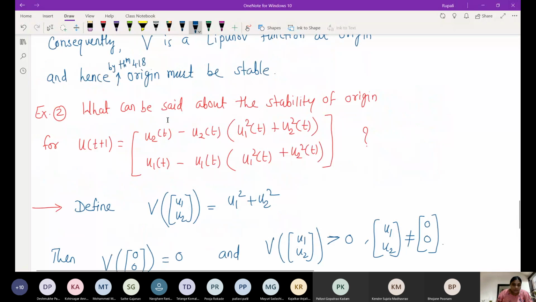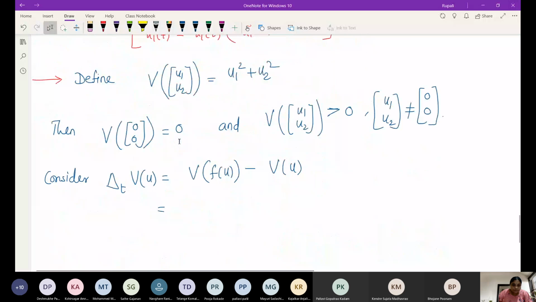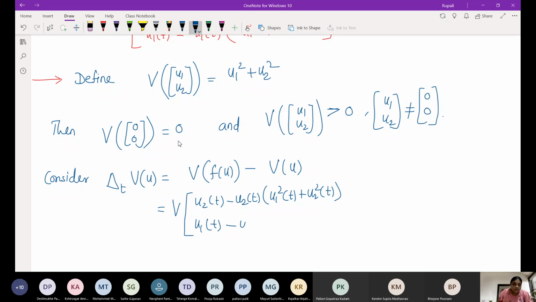V at the vector with first coordinate u2t minus u2t times u1 square t plus u2 square t, and second coordinate u1t minus u1t times u1 square t plus u2 square t, minus V at u1 u2.